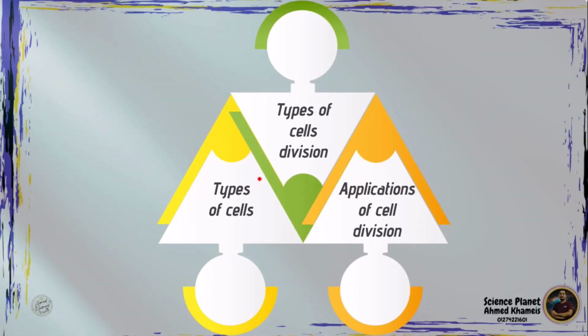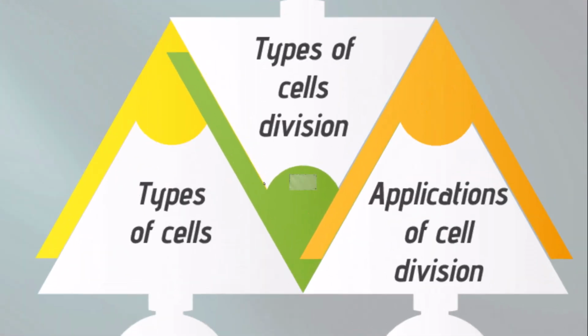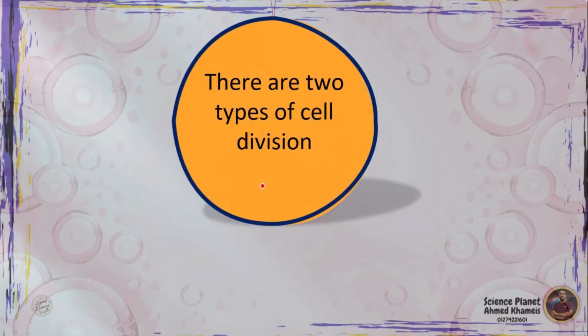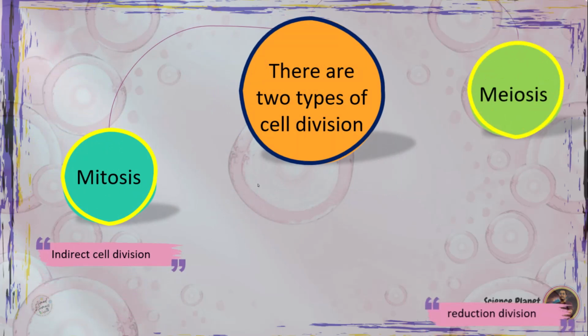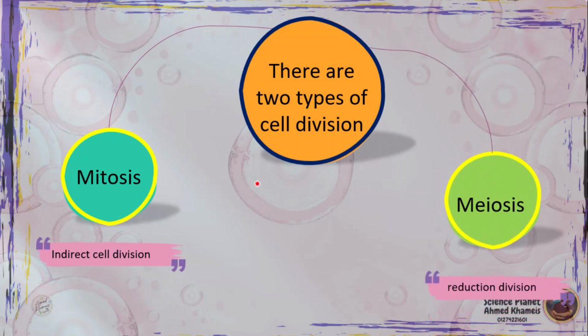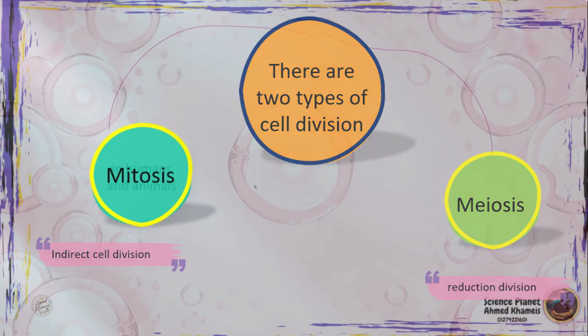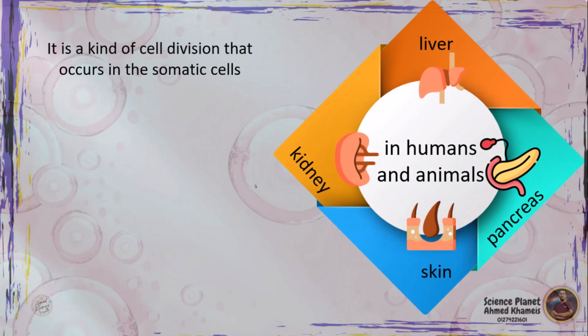Second, how many types of cell division do we have? We have two types of cell division. Mitosis, which we call indirect cell division, and meiosis, which we call reduction division. So first, the mitosis division is the division that happens in somatic cells.